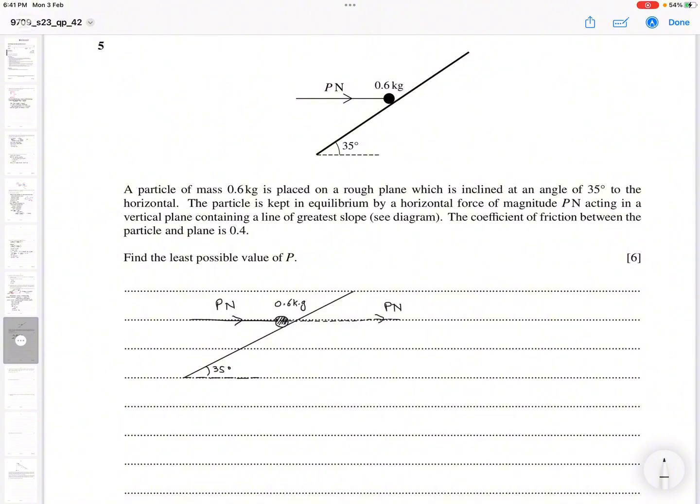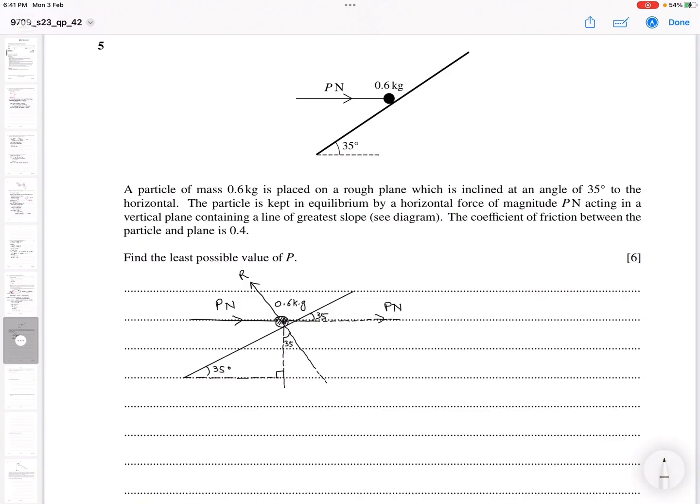P Newton. So my R, the normal reacting force, is here, and my weight is here. So this makes 90 degrees. So my alternate angle comes here, 35, and also here is 35.